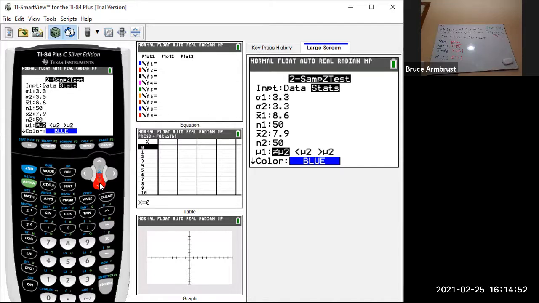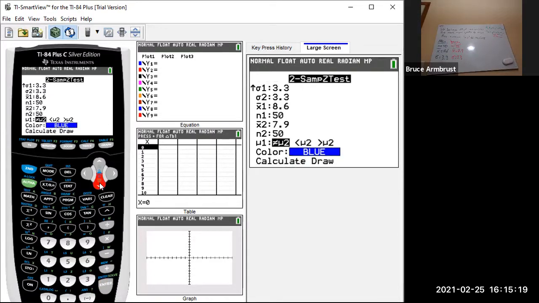Remember, 1 was the men, 2 was the women. Our alternate hypothesis was that the mean for the men is greater than the mean for the women. So I need to arrow over and highlight greater than, so that mean 1, the mean for the men, is greater than mean 2, the mean for the women.